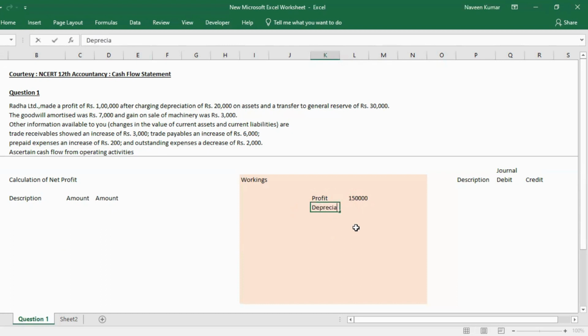For example, depreciation, I have reduced some 10,000, and amortization like some 3,000, and patent 5,000, rent 2,000, salary 1,000, then sale of machinery. This is a profit, you think. This is sale of machinery profit of rupees 3,000.